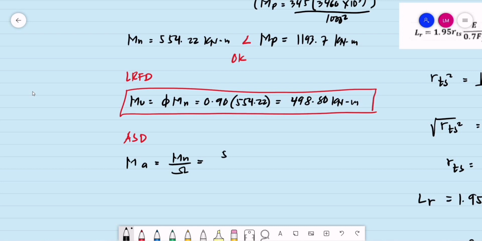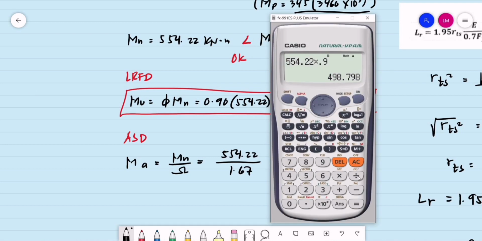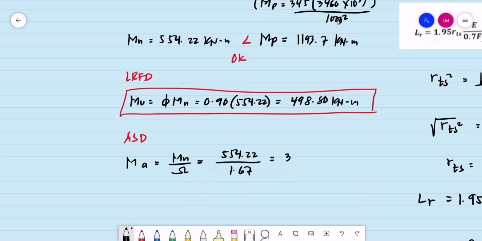So this is equal to 554.22 divided by 1.67, which is 331.87 kilonewton meter.